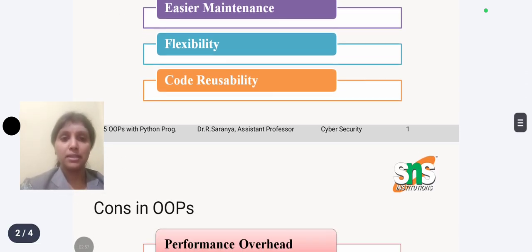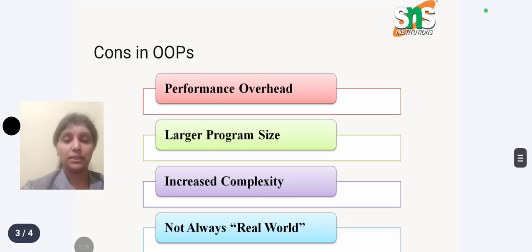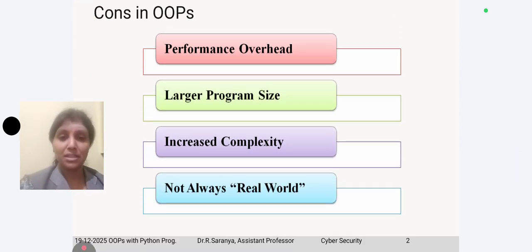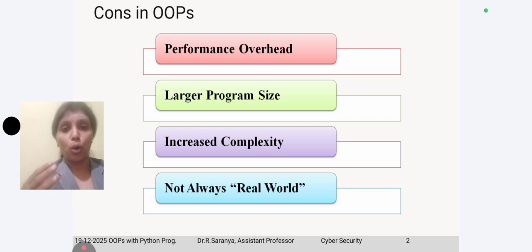Next, let's see what the disadvantages of using object-oriented programming are. Performance gets overhead, and a huge memory space is needed for implementing object-oriented programming. The program size gets larger, and the lines of code will be many. There is also increased complexity.